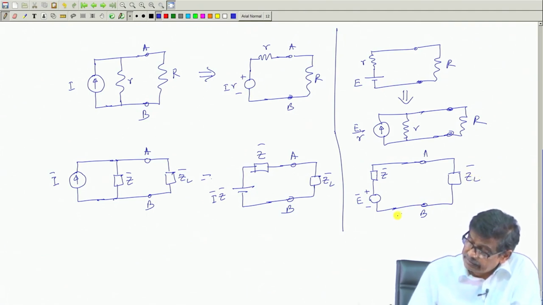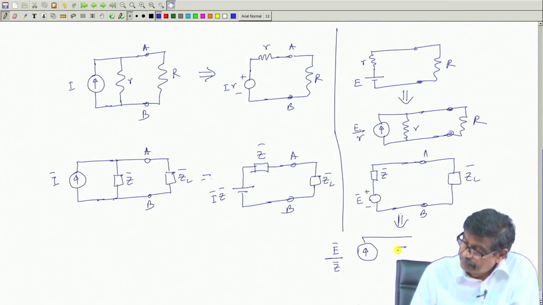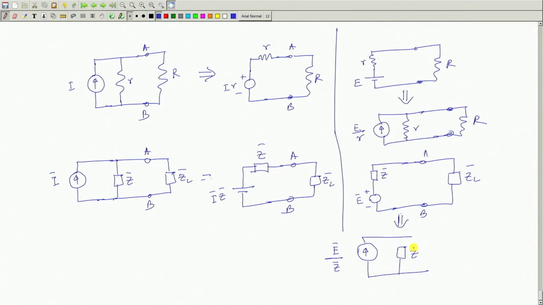Then this can be thought of as a current source whose value will be E bar by Z bar in parallel with an impedance Z bar, and then your A and B, and this is the load impedance.